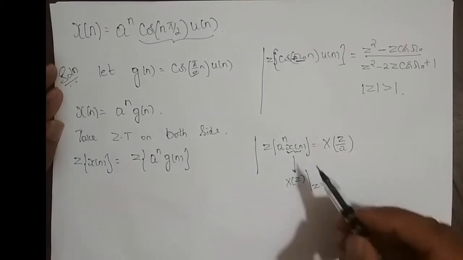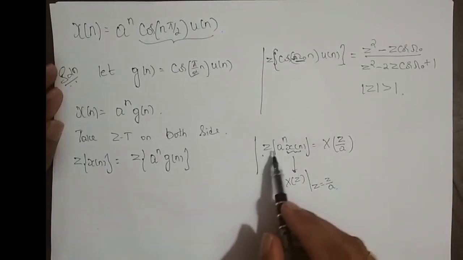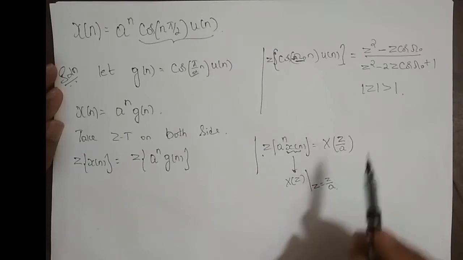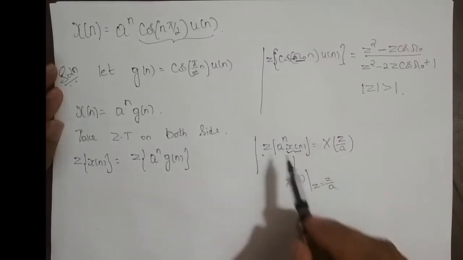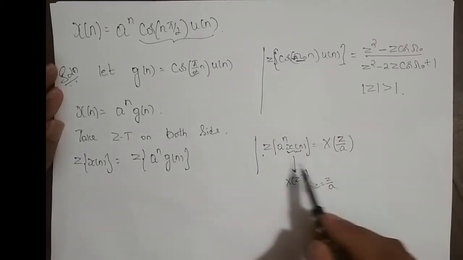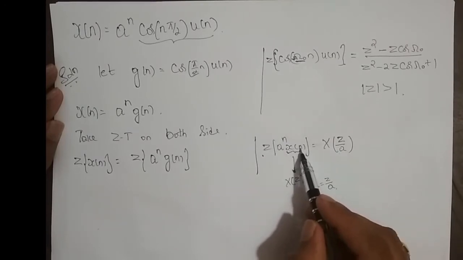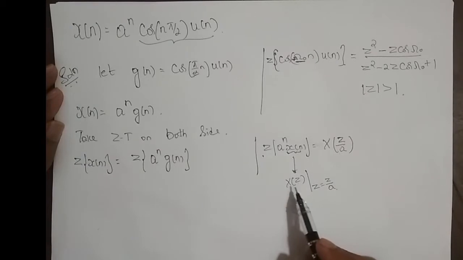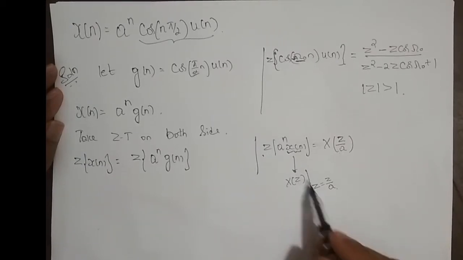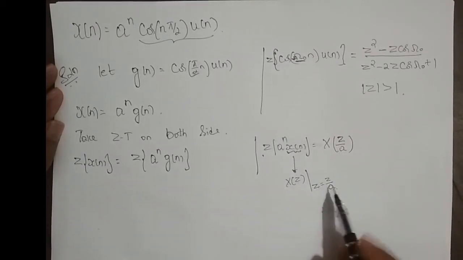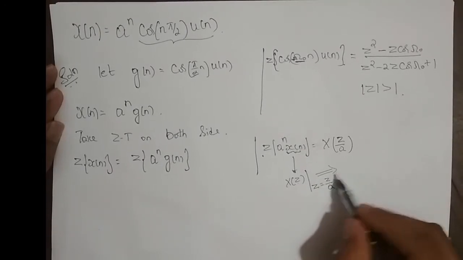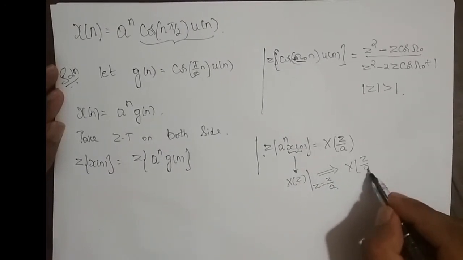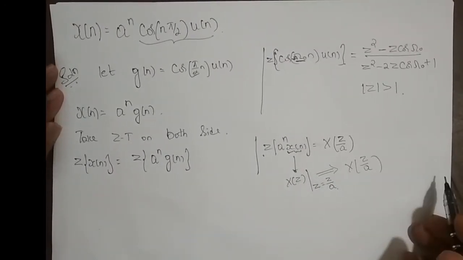I repeat again: we will be knowing x of n, so I take its z transform and end up with X of z. In that X of z equation, wherever z is there, I replace it by z by a, which ends up with X of z by a. This is the meaning here.